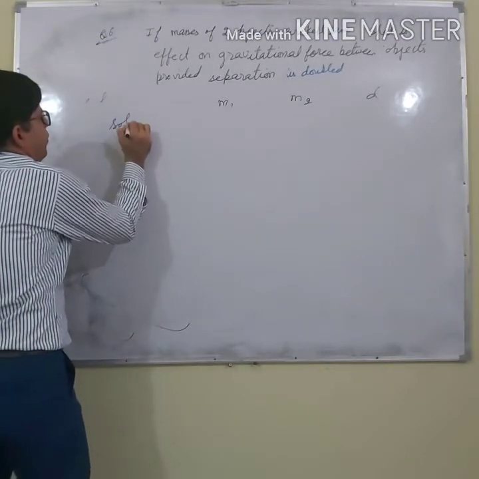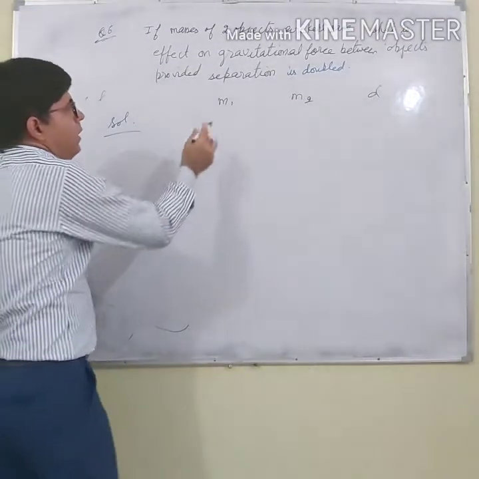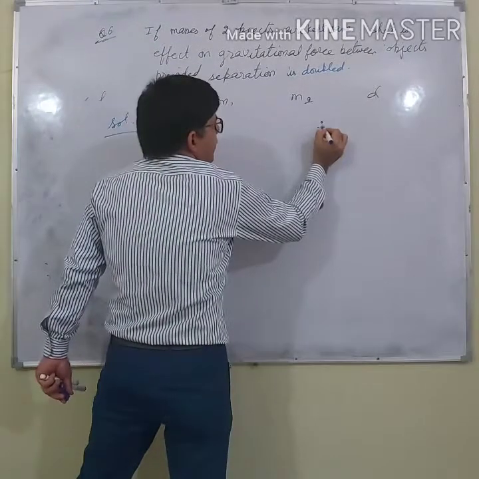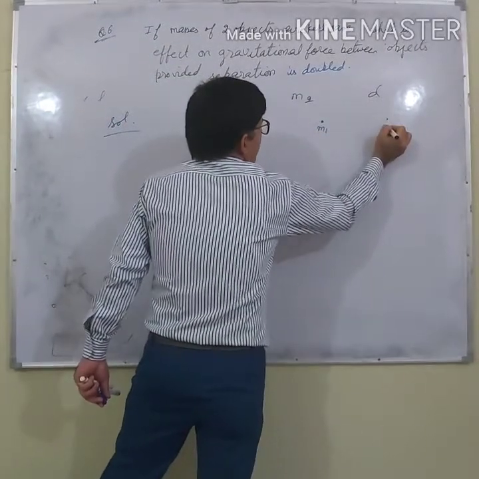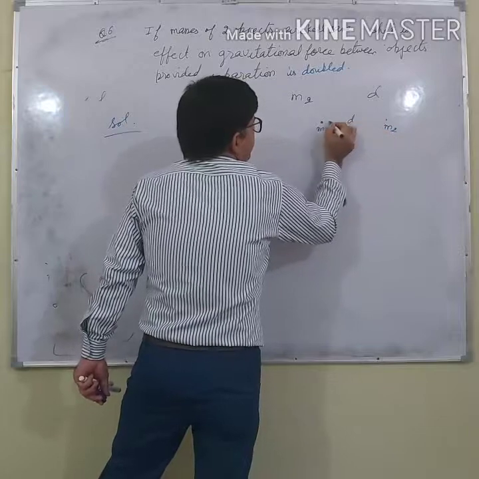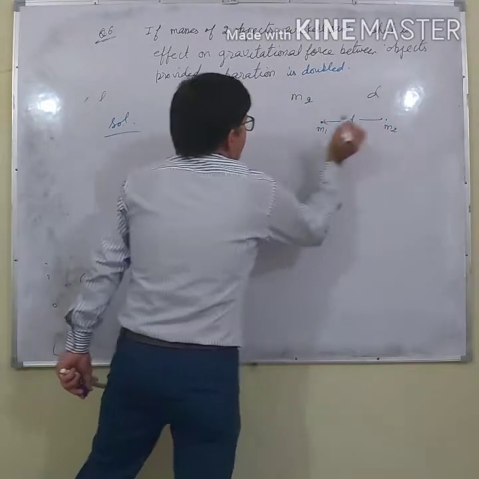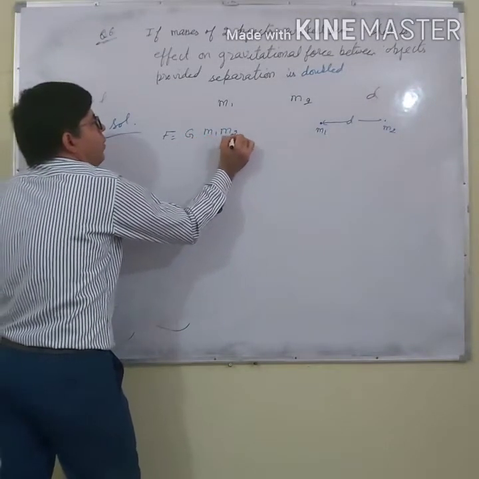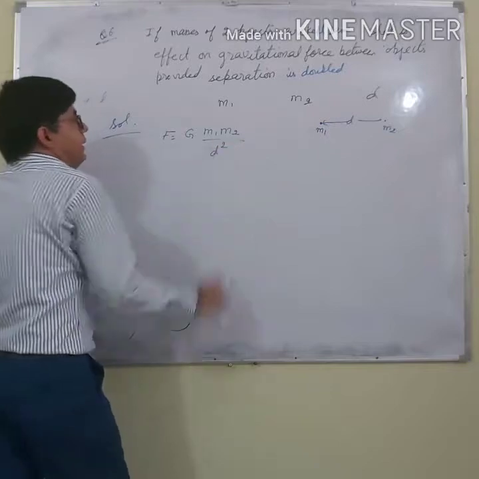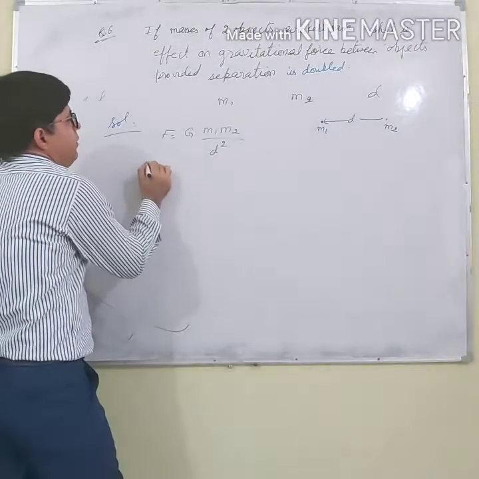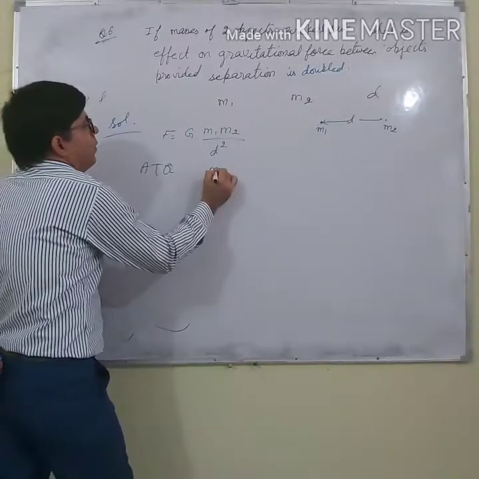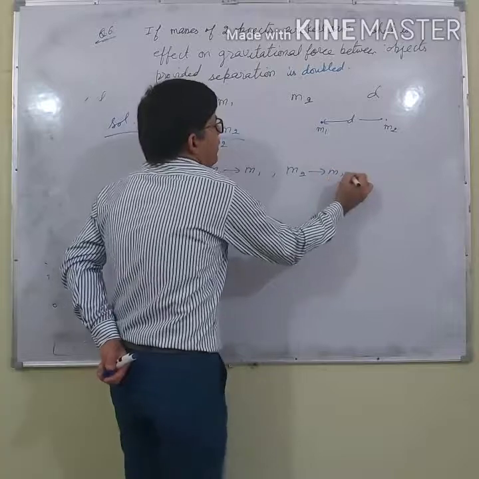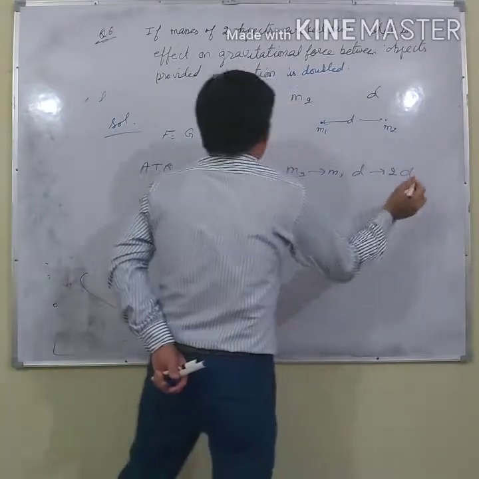Let us do. Now let masses be m1, m2, and separation is d. Let us say this is m1 mass, this is m2 mass, and separation is kept d. So what is the force? Capital G m1 m2 by d square. According to the question, m1 remains same, m2 remains same, but separation is doubled.